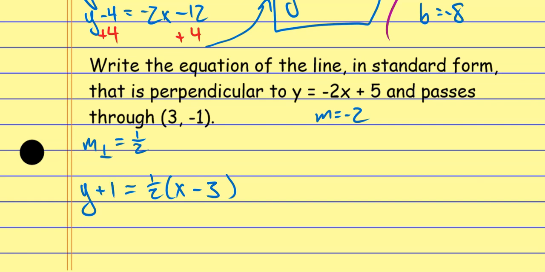And now from here, it's really easy to rewrite this in slope-intercept form. And so I kind of pass through all the formats when I do it this way. I'm going to distribute that 1/2. And now I'm going to subtract the 1 from each side.